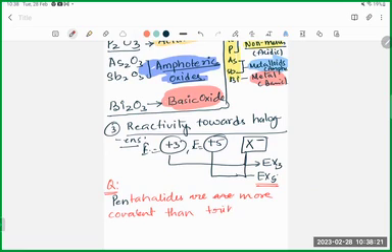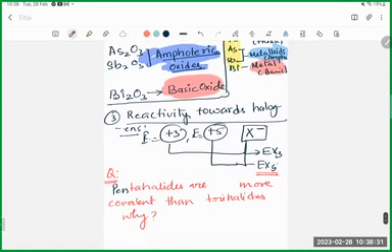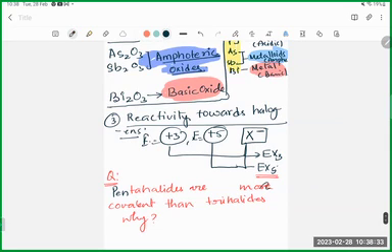Why? This question is very important, so let us learn why. What would be the reason if we are comparing?